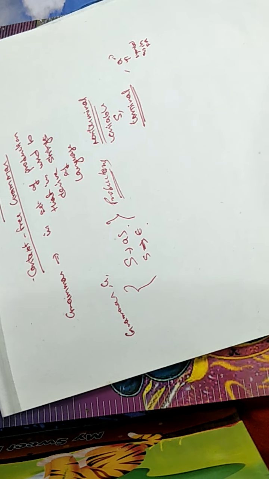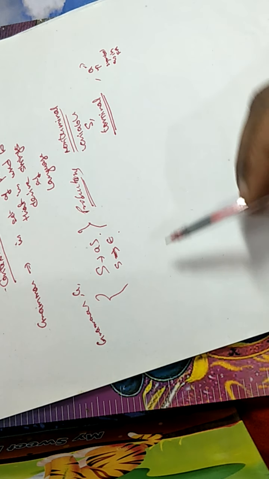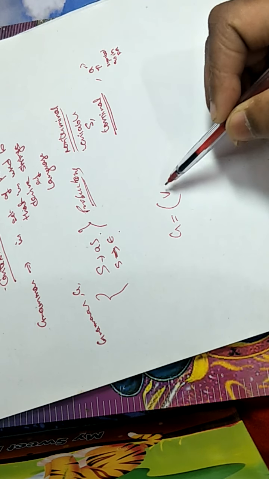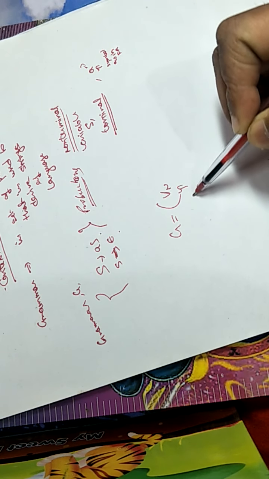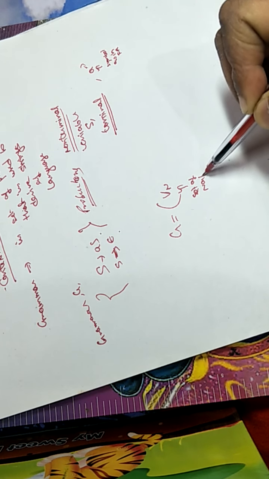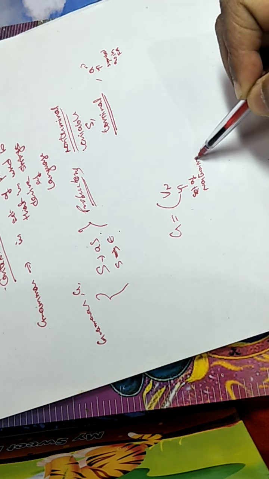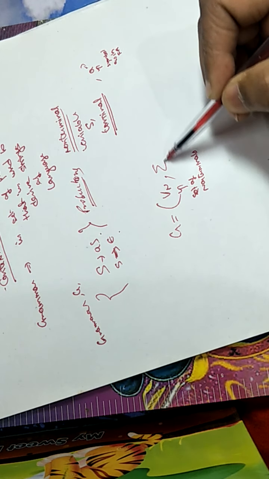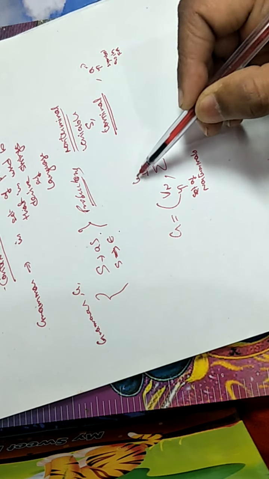So in a grammar G, there are four things. First is set of non-terminals. Second is set of terminals.